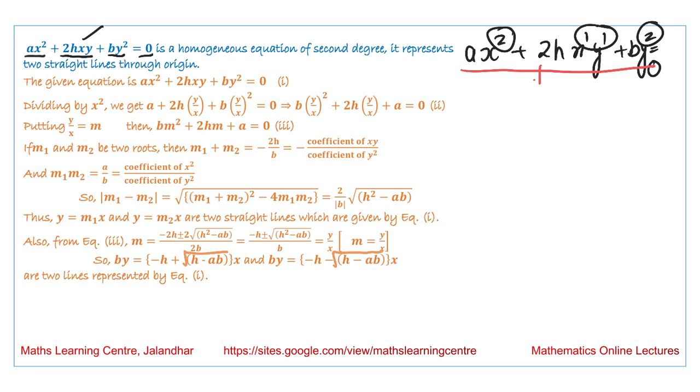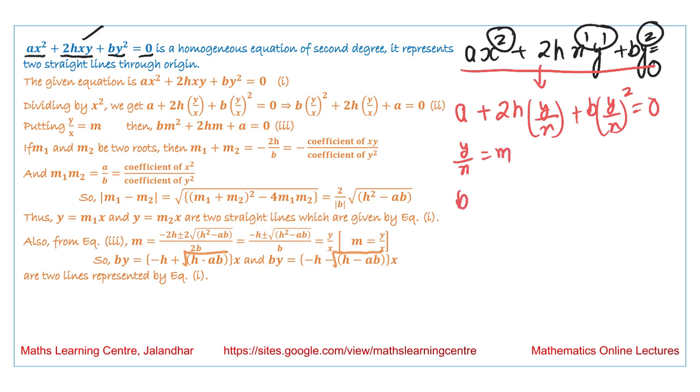To find the equations of the lines, we write it as a plus 2h y by x plus b (y by x) square equal to 0. If we substitute y by x is equal to m, we obtain bm square plus 2hm plus a is equal to 0.